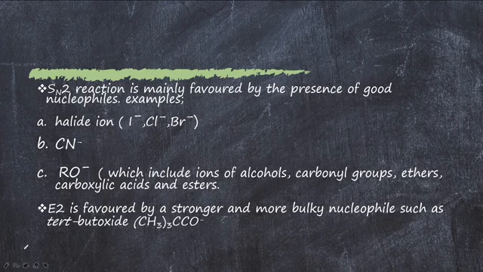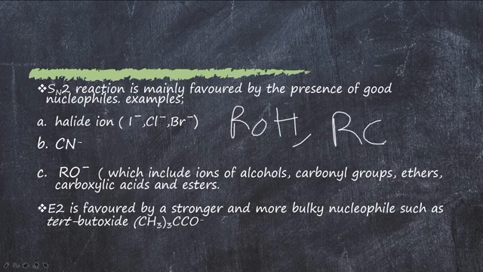Now let me just give the structures. RO could either be ROH, that's for an alcohol. For a carbonyl, there are two different types of carbonyl, a ketone or an aldehyde. The carbonyl groups that we're going to be talking about, let me just classify all of them together.